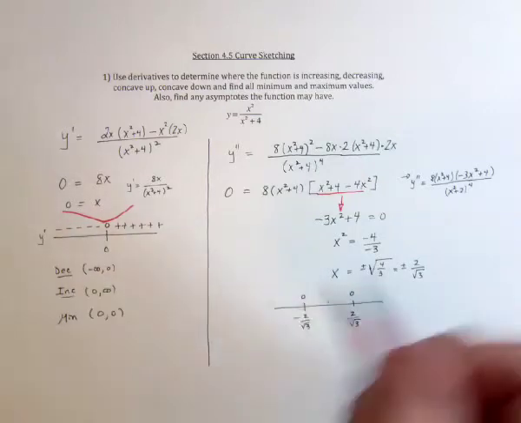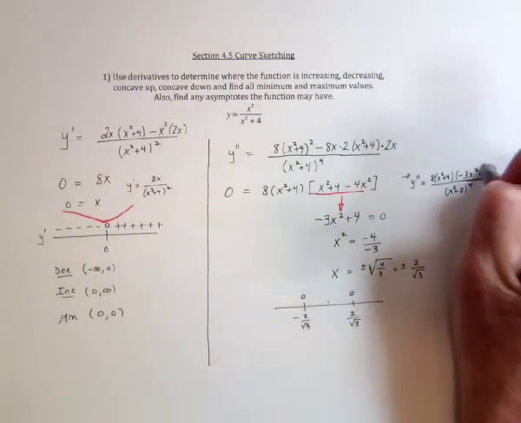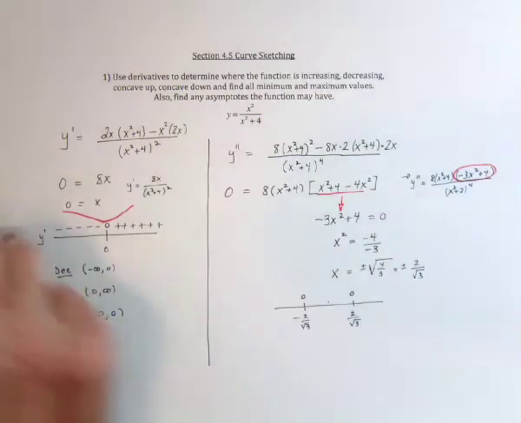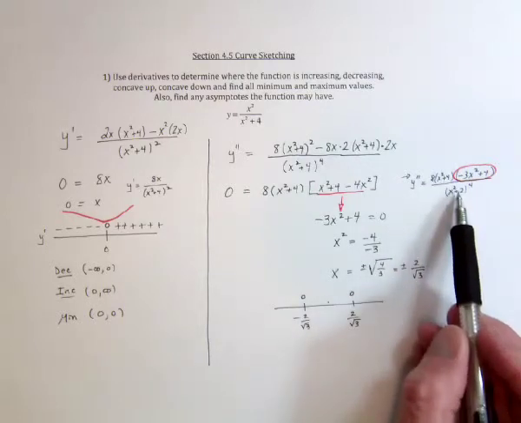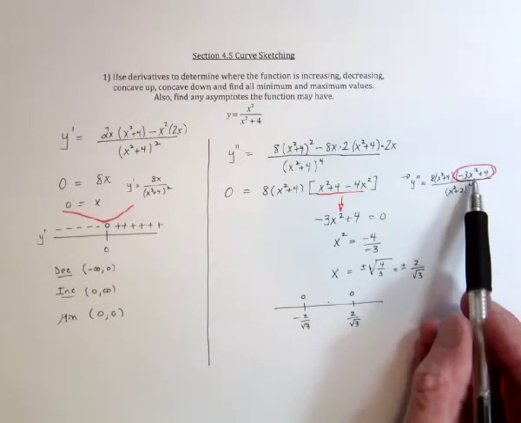So really for the second derivative, all I need to do is figure out when this thing is positive and when that is negative, and that's going to tell us where it's concave up and concave down, because this is still going to be positive and positive, so that's not going to change whatever sign this is.